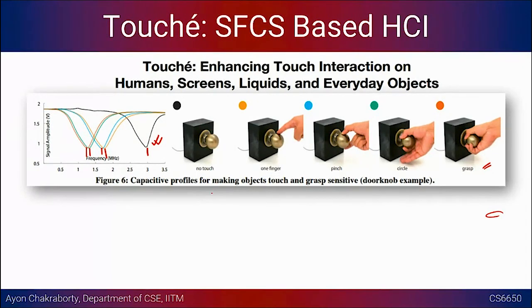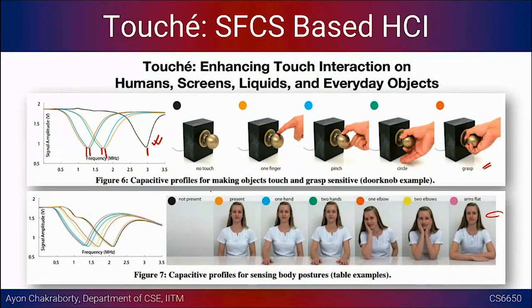Okay. Another example is this, where you have this table, and within the table this is connected to the electrode, and there is some person sitting in front of the table, and we are trying to get the gesture she is making, starting from the time when the person is not present, and then looking at all the things that she is doing with her hand.